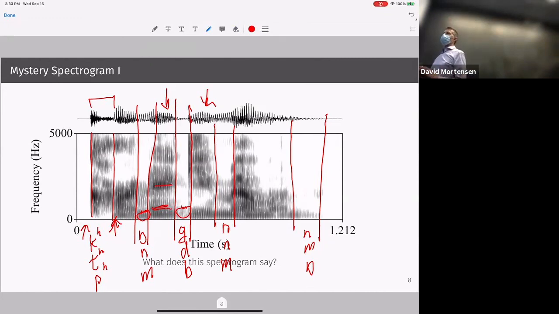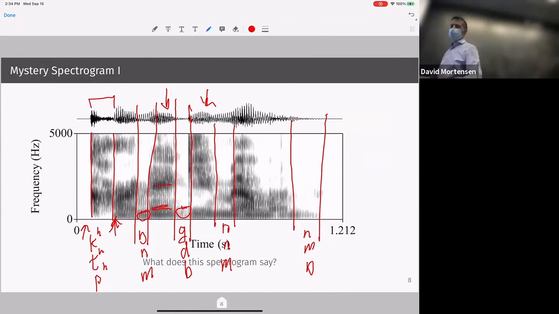Is it front or back? Which formant tells you about the front-back dimension? F2, and if F2 is high, then the vowel is front.